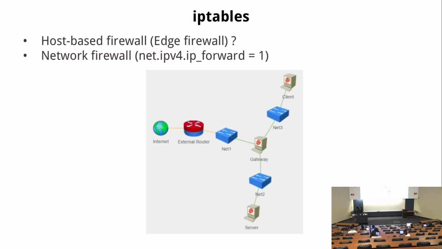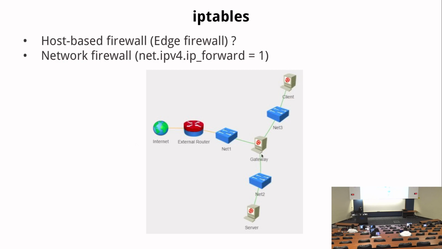Okay, so iptables. At the Linux level, you can use it as a host-based network firewall. You can also use it as a network firewall. Let's say we have a computer here.